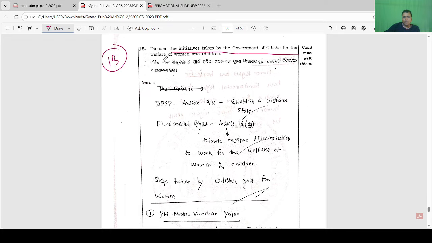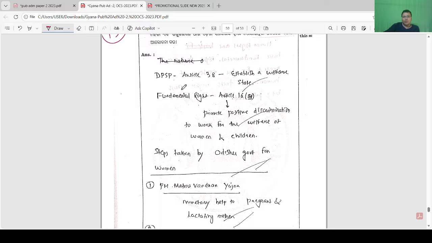Initiative taken by government of Odisha for welfare of women and children, 13 marks I got. So DPSP established welfare state, fundamental right, DPSP, fundamental right, preamble also, liberty, equality, justice.